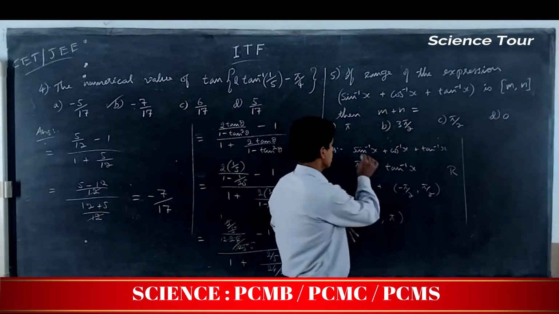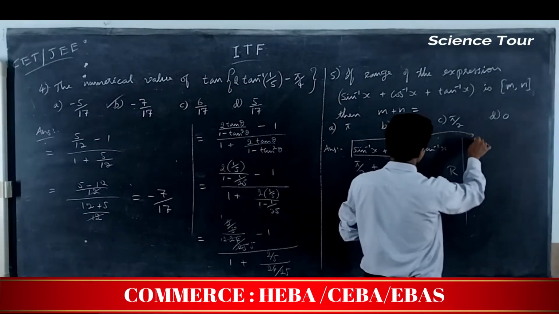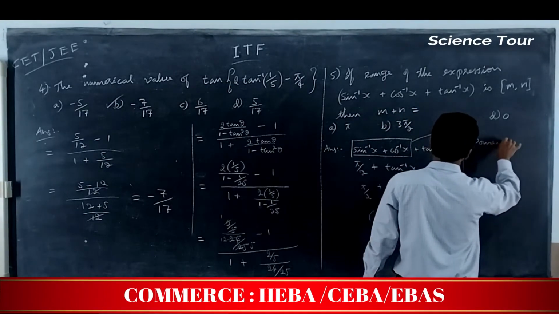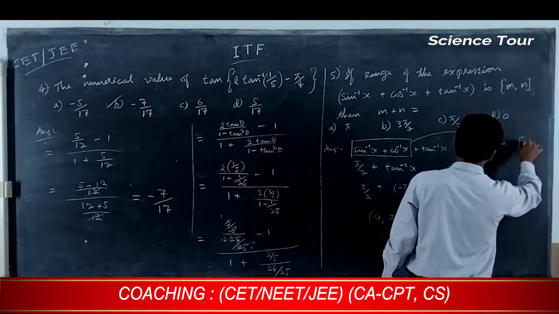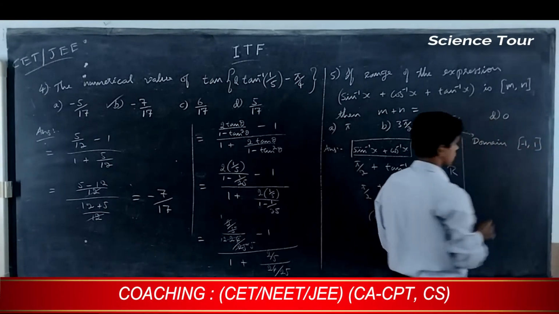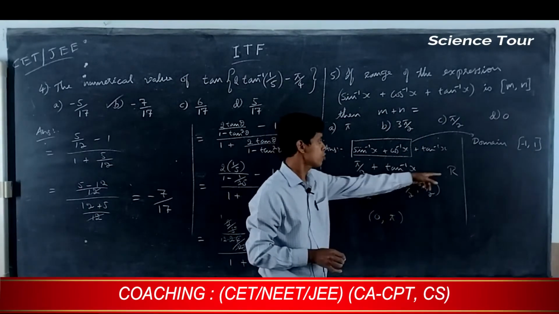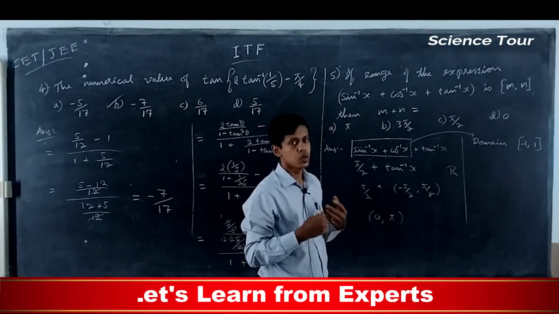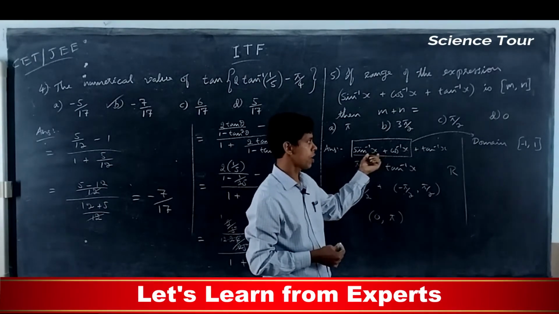No. Because the domain of this particular expression is minus 1 comma 1, is it not? You are not allowed to put all the real numbers there. You are allowed to put the values only between minus 1 and 1.